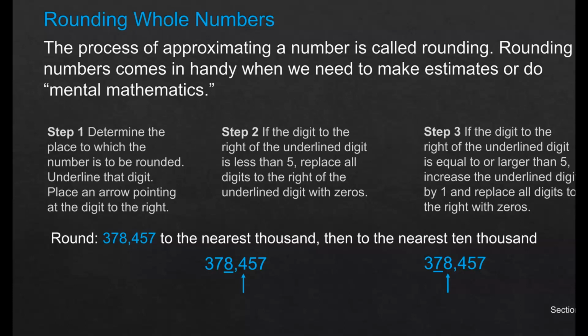So as you can see, I've underlined the 8. Then I'm going to look at the number to the right of that, because that's the number that tells me what to do with the 8. If that number is below 5, that means I leave the 8 as it is, but all the other numbers change to zeros.